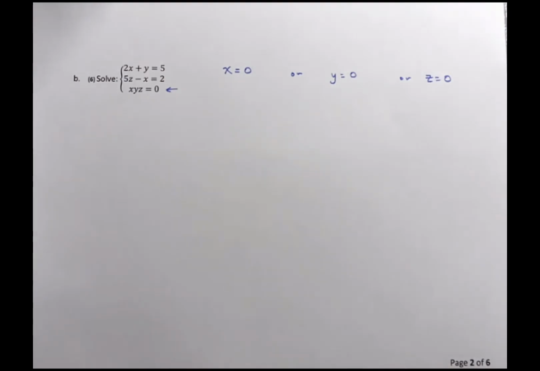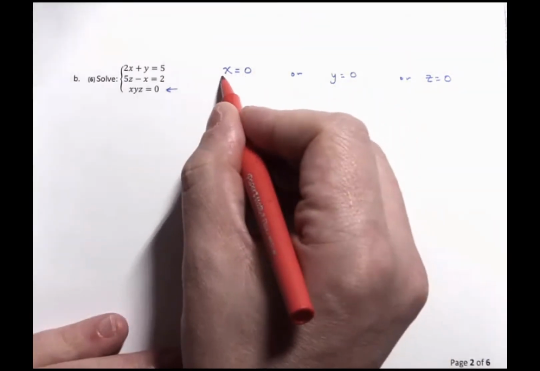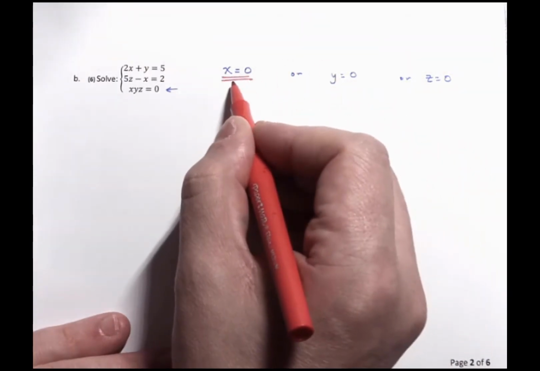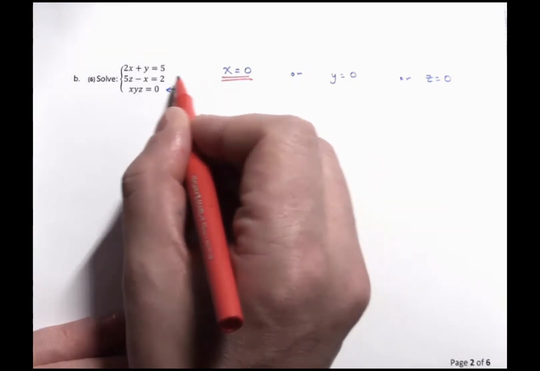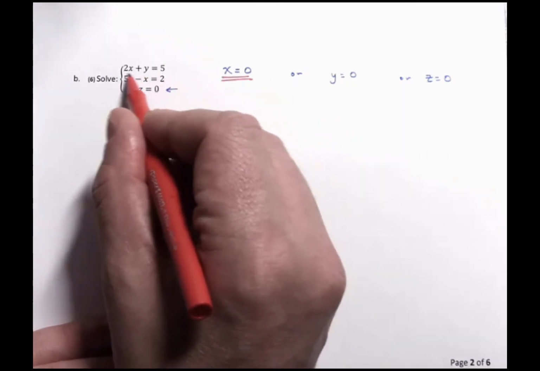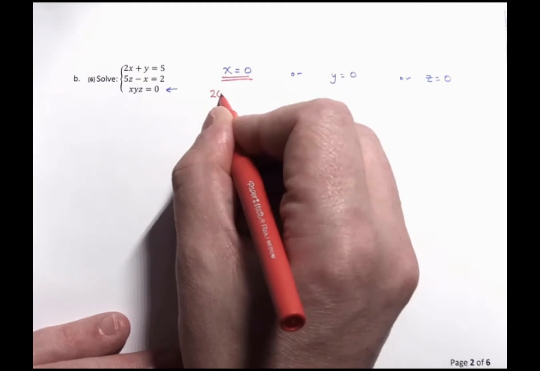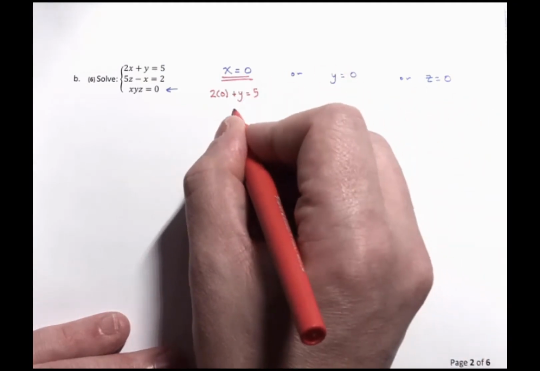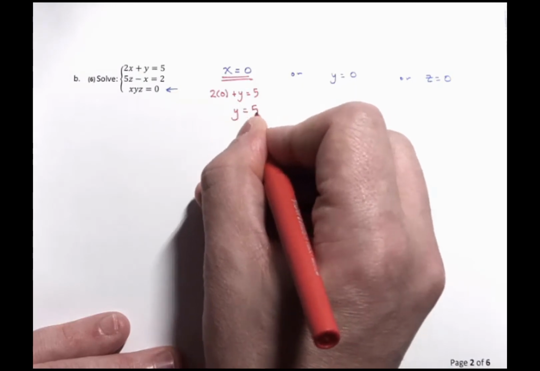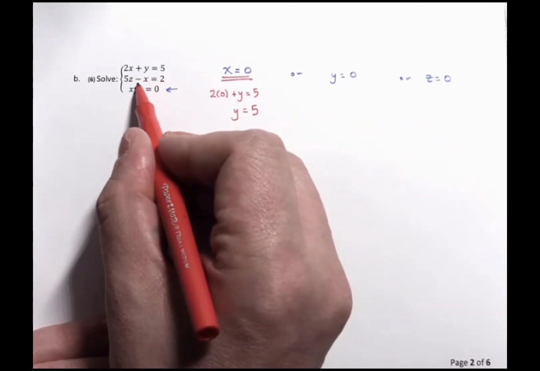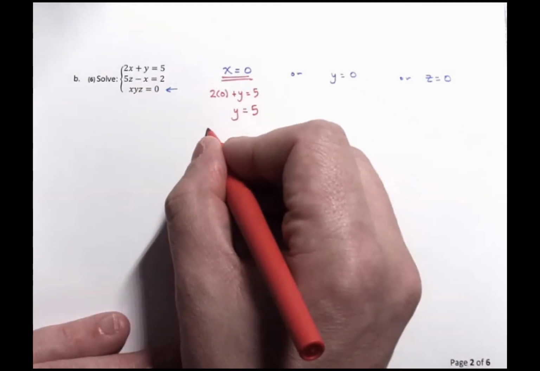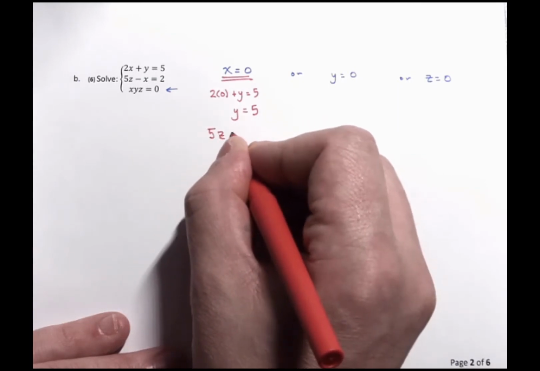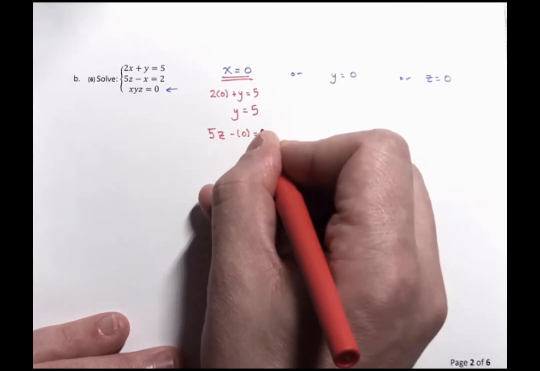So let's use red to go through this first case, where if x were equal to 0, then substituting into the first equation would yield 2 times 0 plus y equals 5. In other words, y is equal to 5. And substituting into the second equation would yield 5 times z minus 0 is equal to 2.